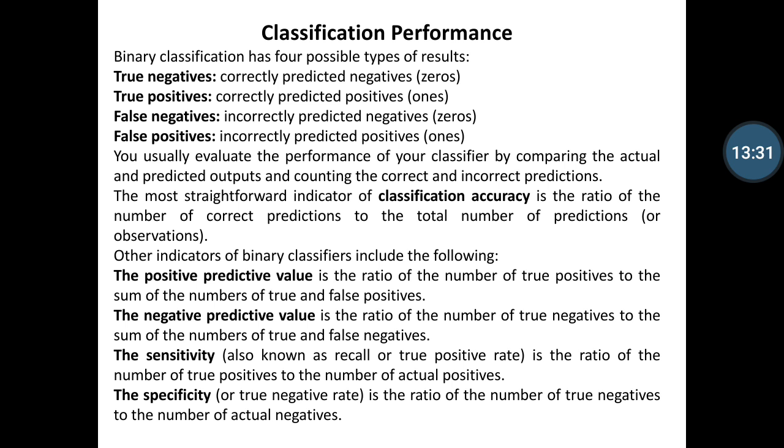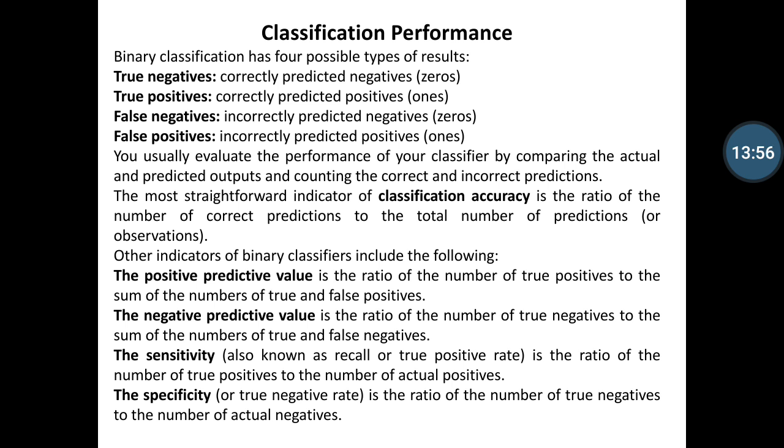You usually evaluate the performance of your classifier by comparing the actual and predicted outputs and counting the correct and incorrect predictions. The most straightforward indicator of classification accuracy is the ratio of the number of correct predictions to the total number of predictions or observations.